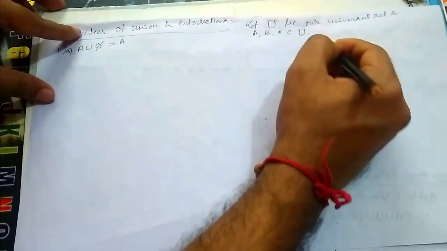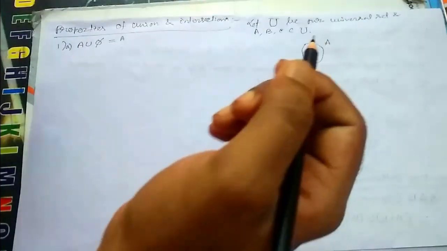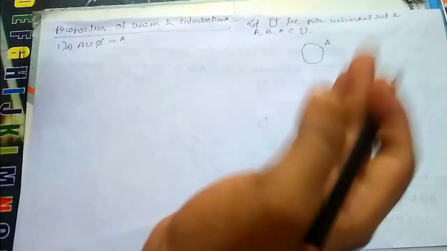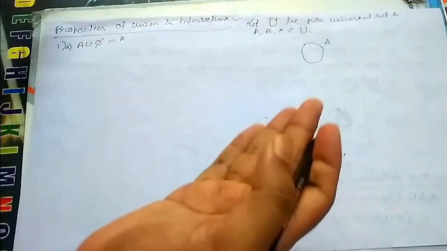So if we union phi with a non-empty set A, then see this picture, this is our A. Phi is a subset of A, so if we take union of phi with A, then obviously it will give A.